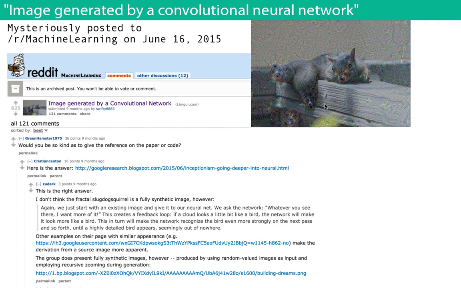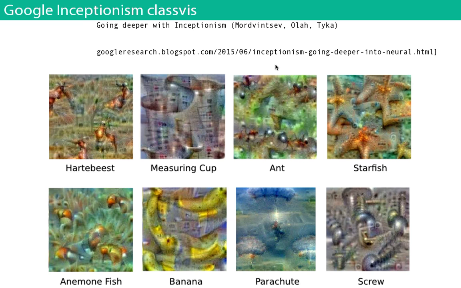Just a few days later, it was followed up by a blog post from Google, who unmasked themselves as the people who put this photo online. Actually, this was told to me by Mike Tyka, who was involved in Deepdream, that it was just leaked by somebody in Google.